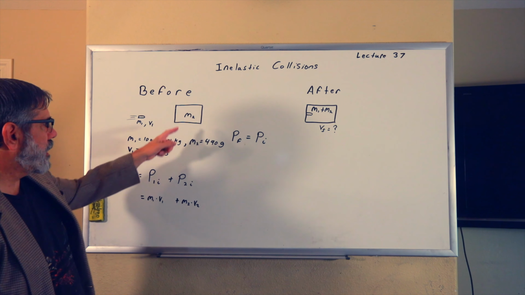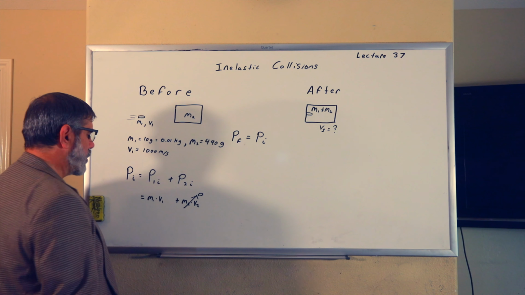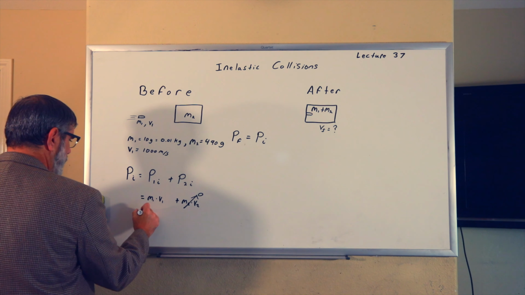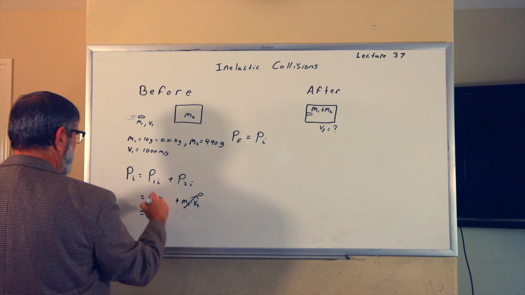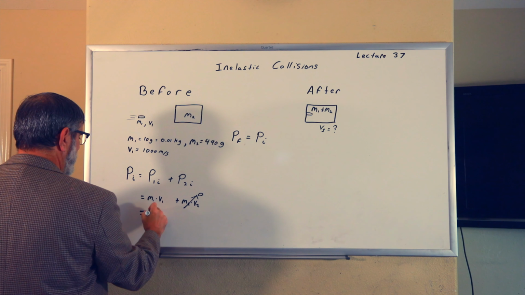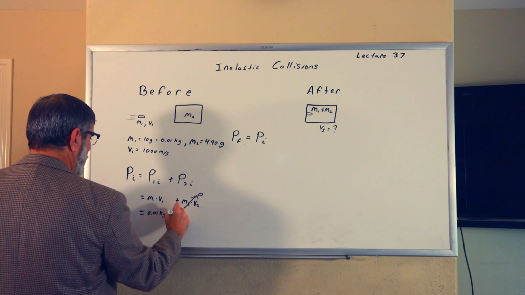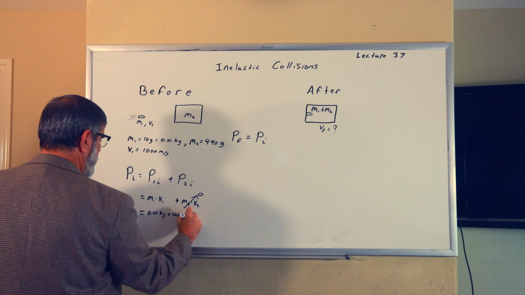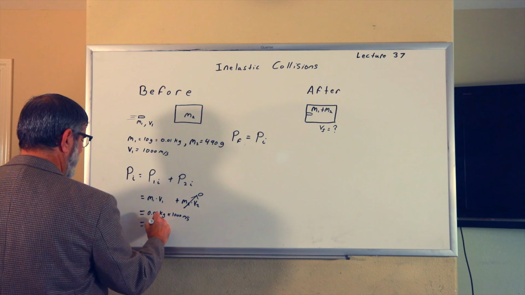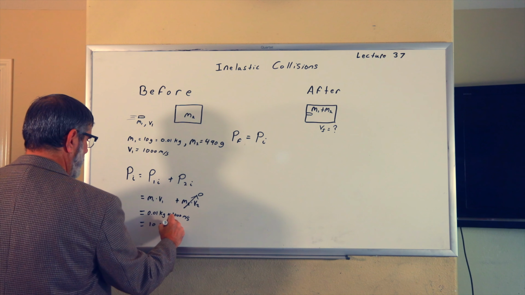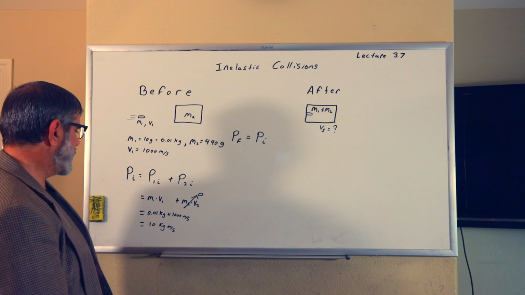But I said that the block is not moving initially, so v2 will be 0, so this term will go to 0. And so our initial momentum is just equal to m1 times v1, which is 0.01 kilograms times 1,000 meters per second. That will be equal to 10 kilograms meters per second. So that's our initial momentum.